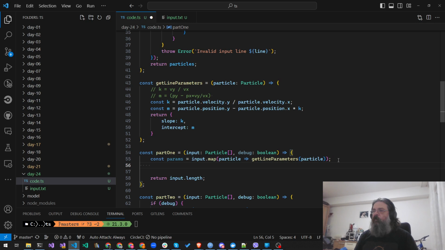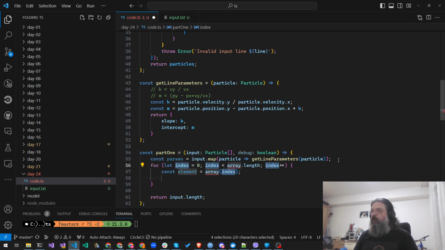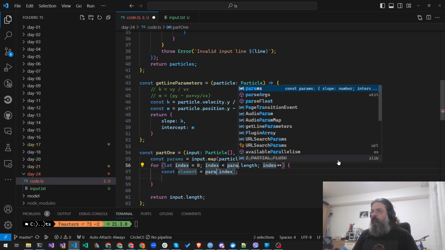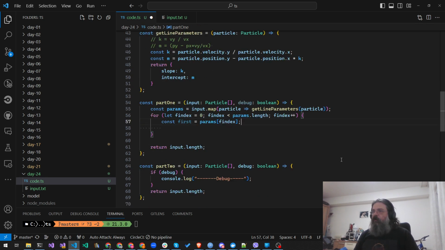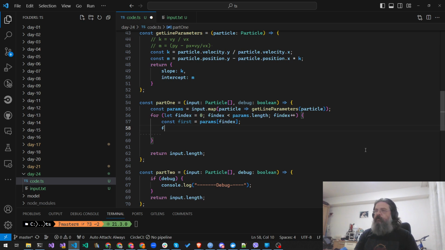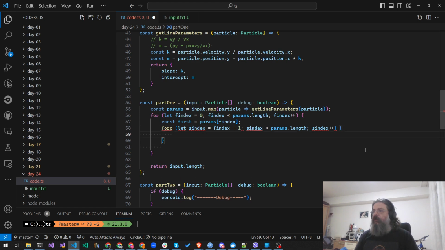So I will do a for. We will loop through those and get one thing, and loop through those and get the other things.